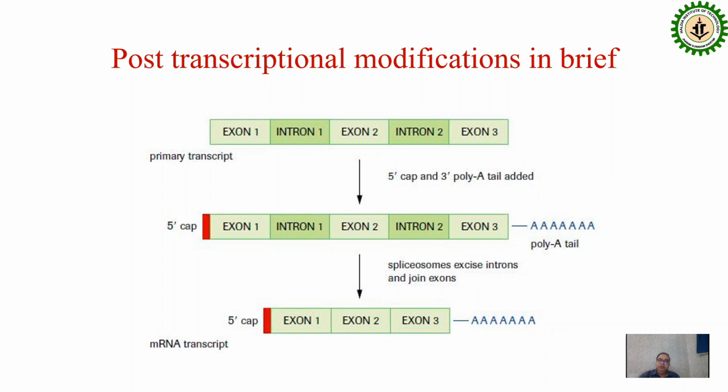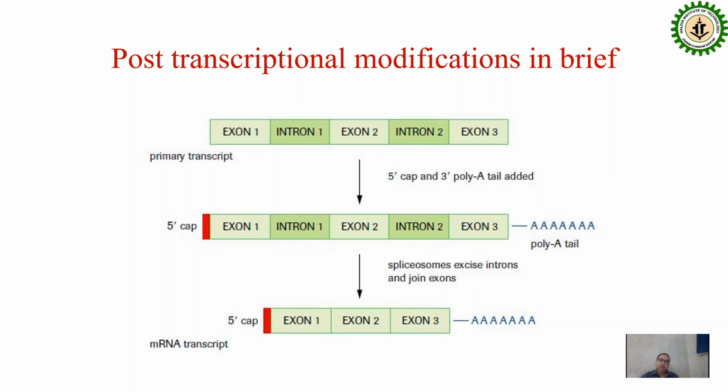What is the significance of this capping? The capping imparts stability to the mRNA, because we have seen that while we extract the RNA, it is comparatively more unstable than the DNA.